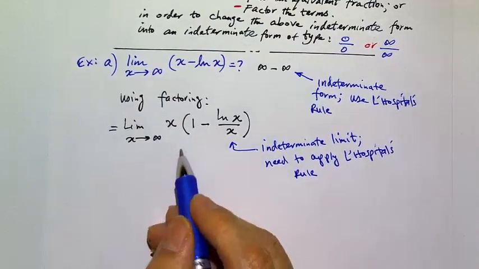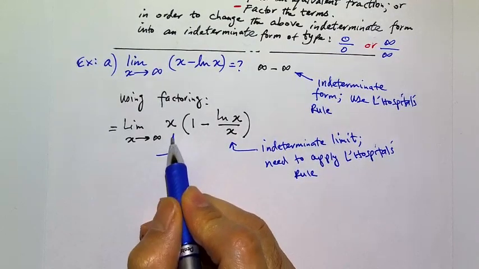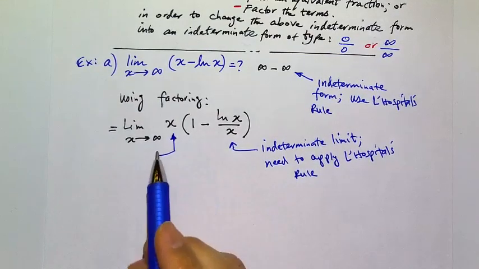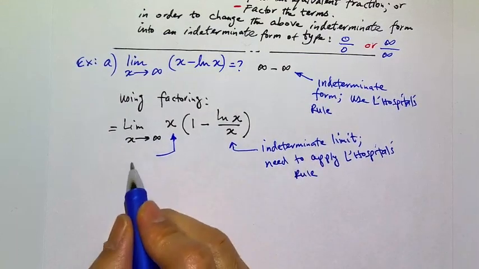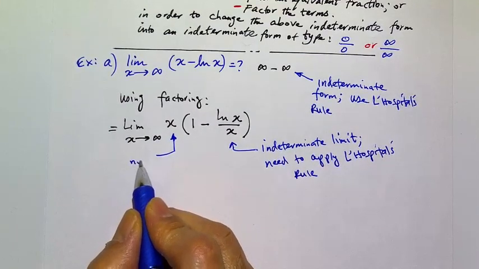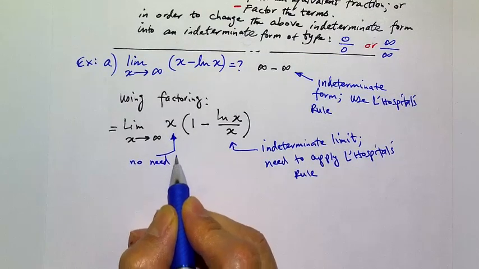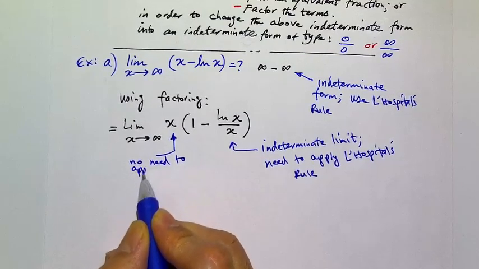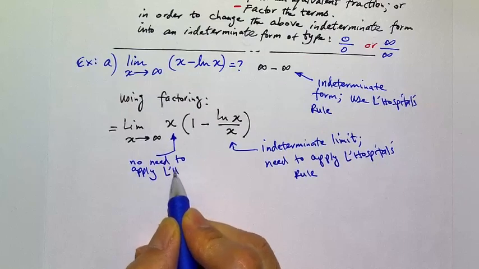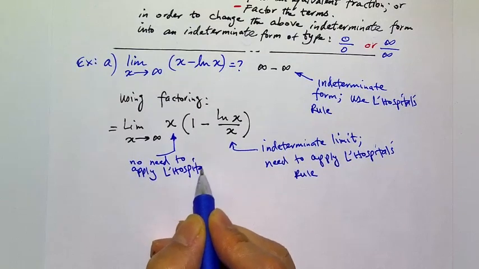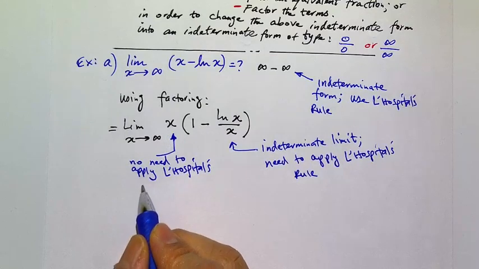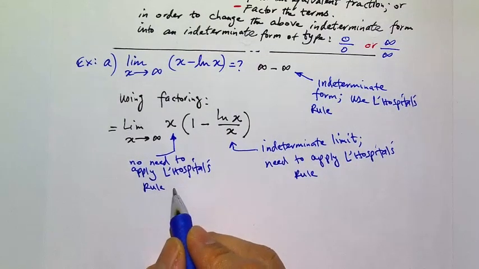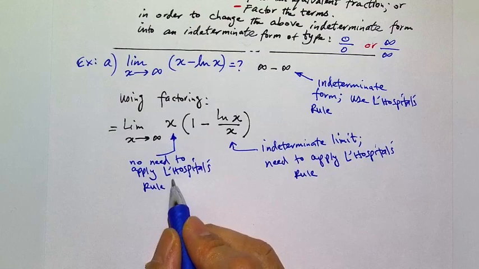But this piece is not indeterminate. So simply plug in infinity for x. That's not an indeterminate form, right? So we say no need to apply L'Hopital's rule to that piece.